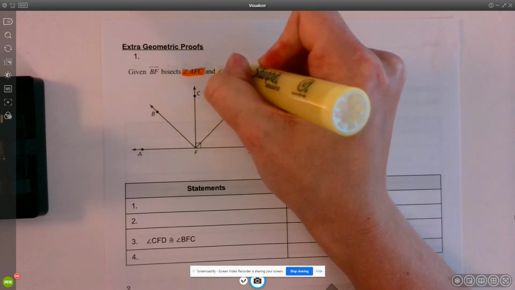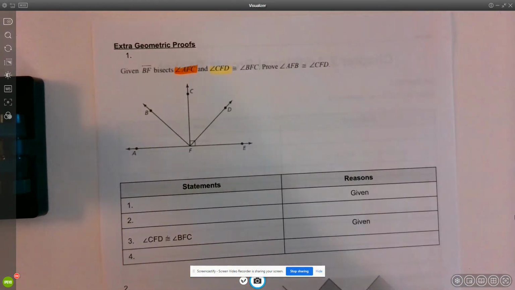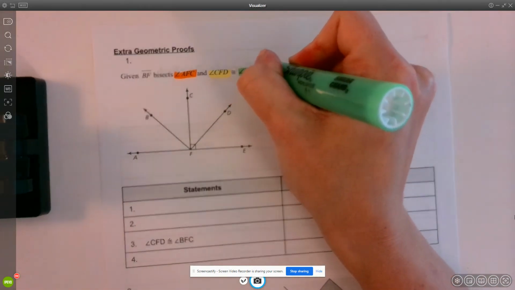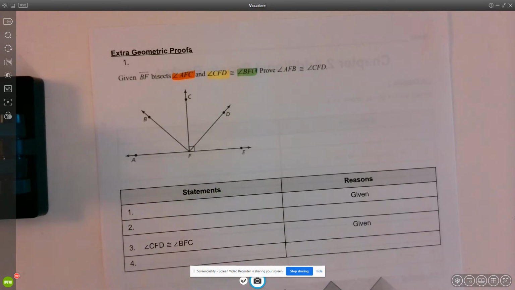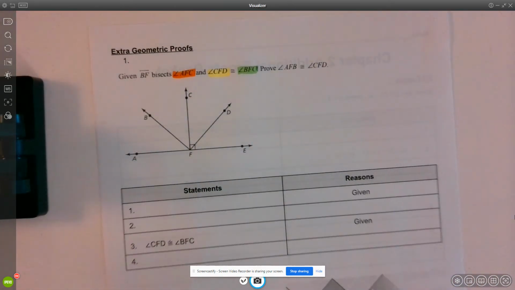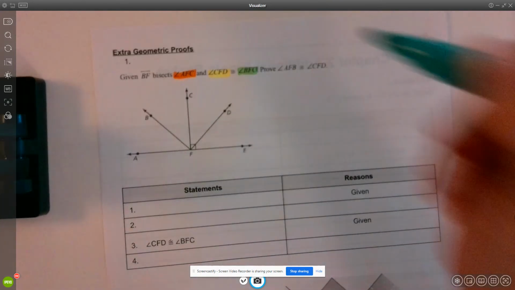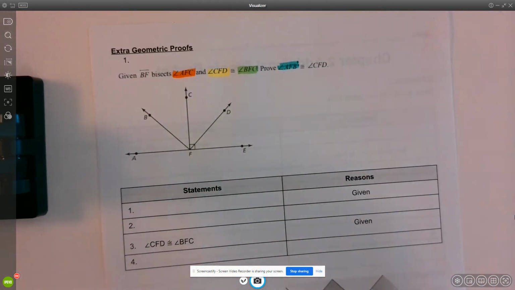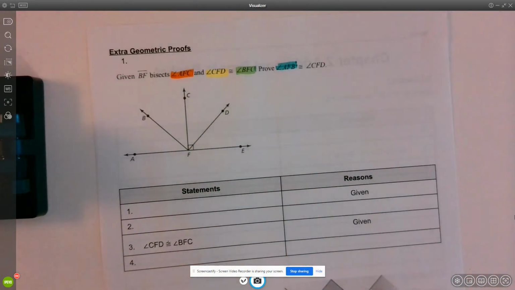I'm going to let angle AFC be orange, angle CFD be yellow, angle BFC be green, and angle AFB, I'll let that be turquoise. Now I notice I have another CFD, so I'm going to highlight this yellow.